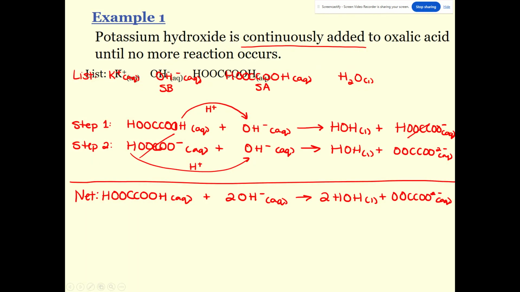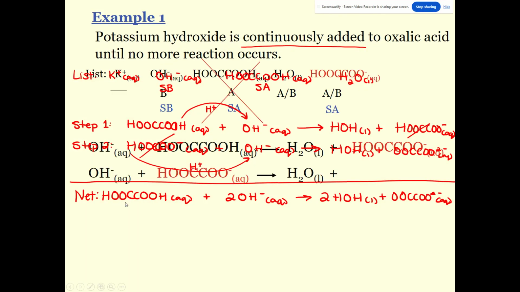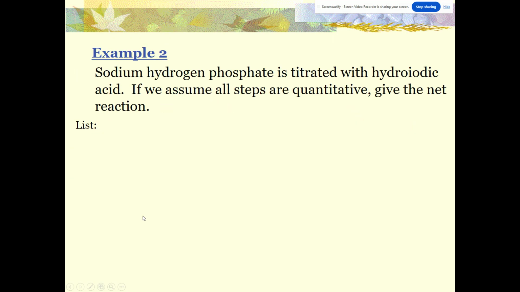Let's look at one more example, and then that's it for this video. So in the next example, we are titrating sodium hydrogen phosphate. So I dissociate that into sodium ions, and hydrogen phosphate is a polyatomic ion.